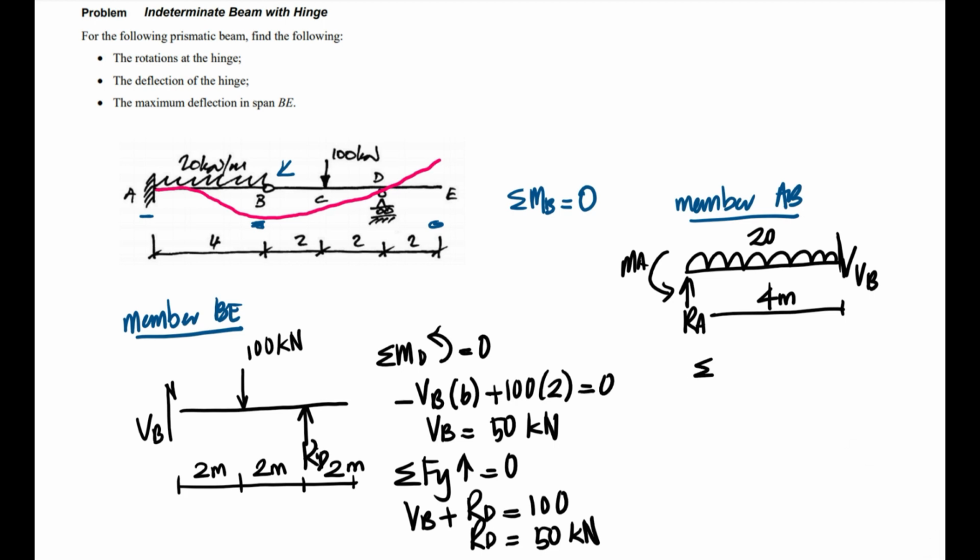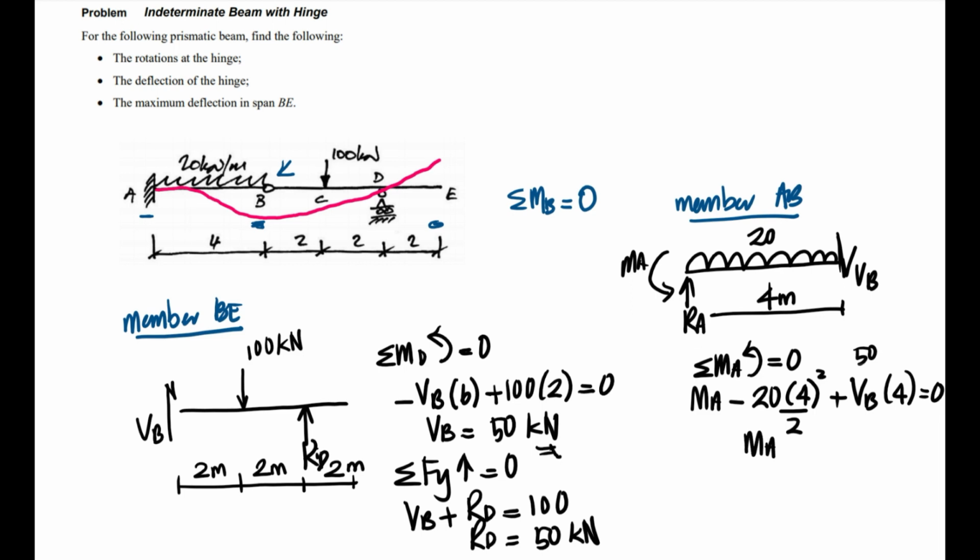Summation of moment at A is equal to 0. I have MA minus 20 times 4 to the power of 2 divided by 2 plus VB times 4 equal to 0. So we know that VB is 50, so I substitute 50 in here.